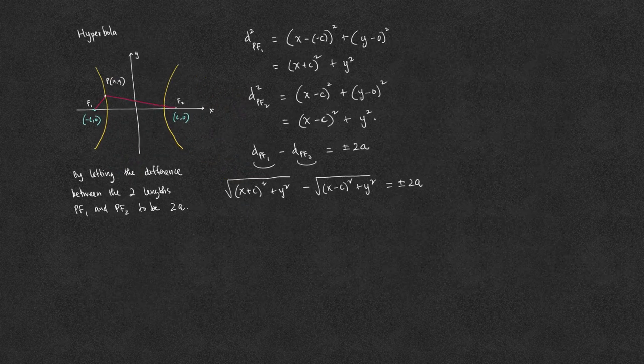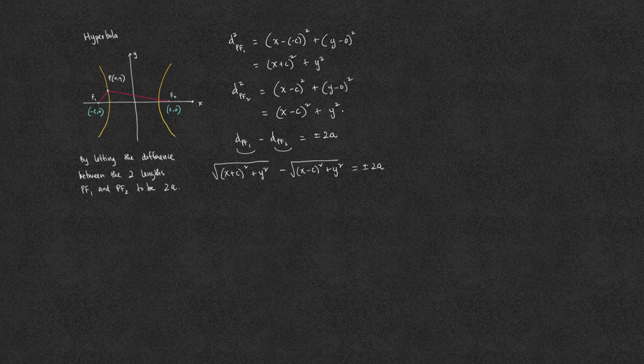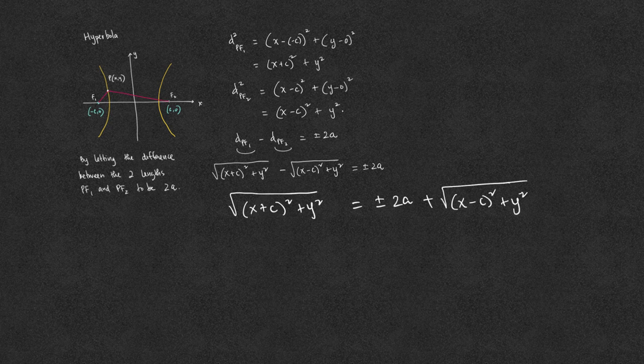To simplify this expression, we would need to isolate one term with the radical, and so we will keep the square root of x plus c squared plus y squared equals plus or minus 2a plus the square root of x minus c squared plus y squared. We then square both sides of this equation. The left-hand side is x plus c squared plus y squared, where the square root and the square cancelled out.